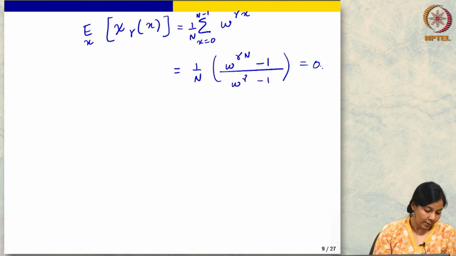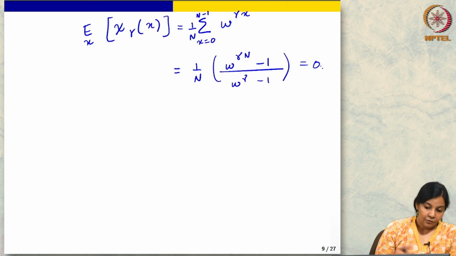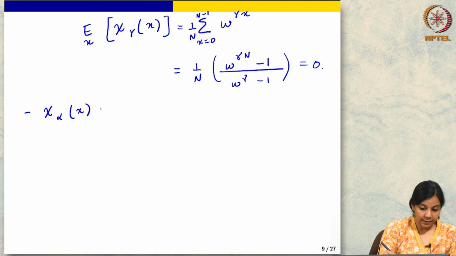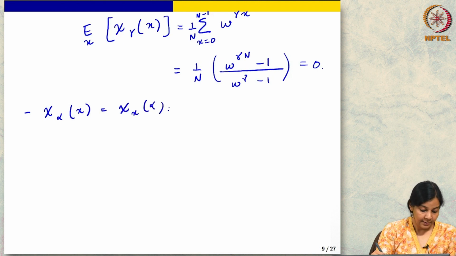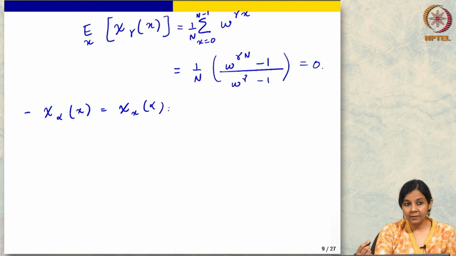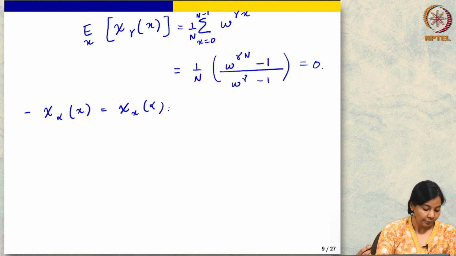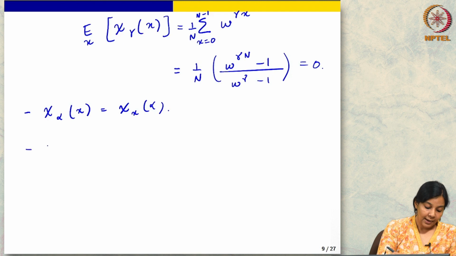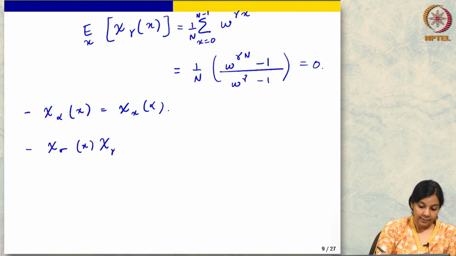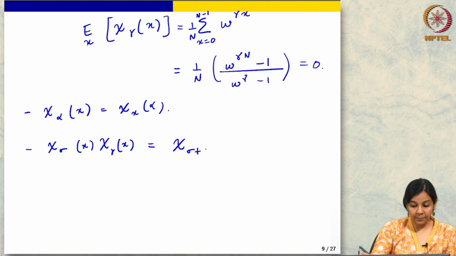Okay. What other properties do we have? The third property also holds. Chi alpha of x is the same as chi x of alpha. This is very easy to see just by definition. Okay, and also chi sigma of x times chi gamma of x is once again equal to chi sigma plus gamma of x.